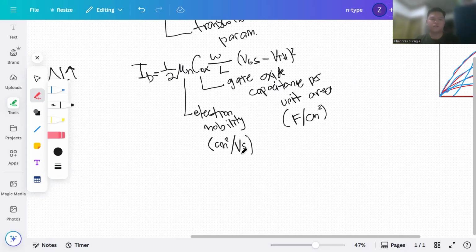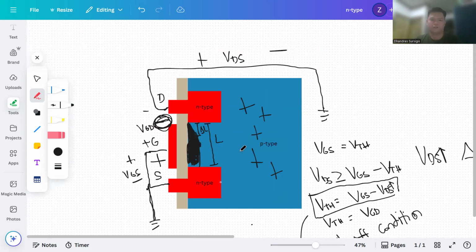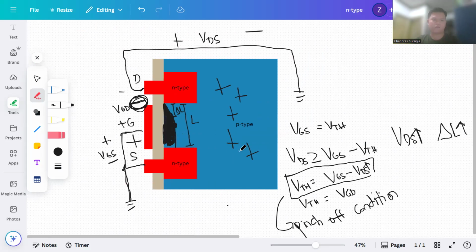But since we are now considering, well, our diagram looks messy, but yeah. We are now considering this delta L, right?